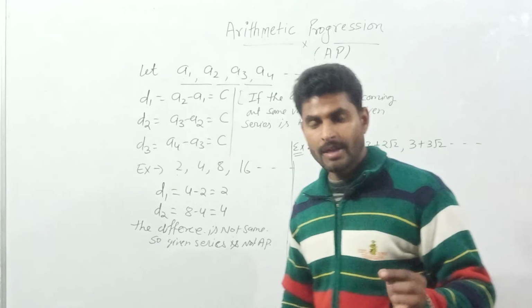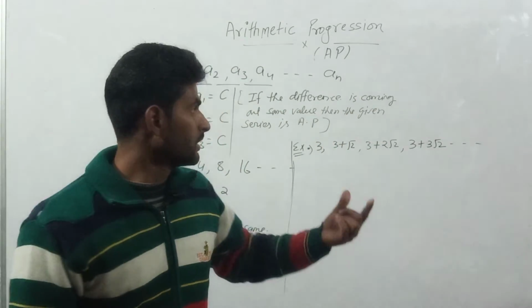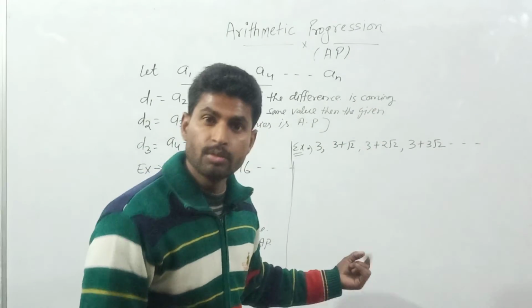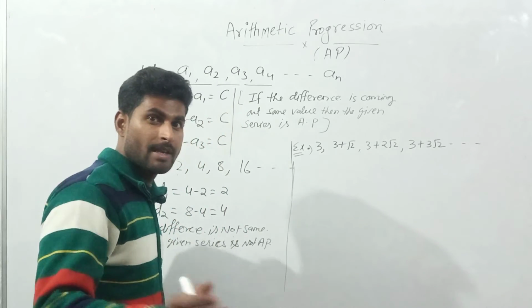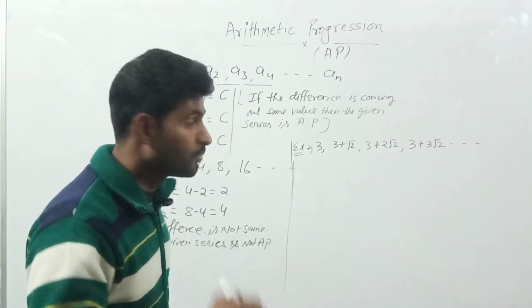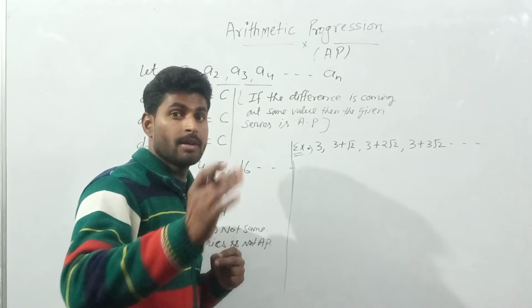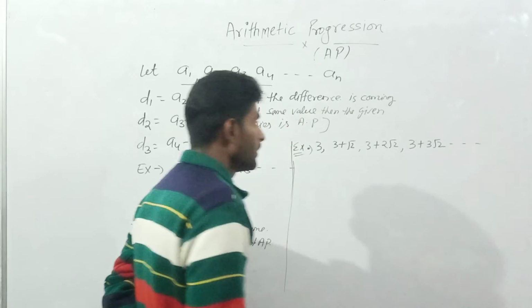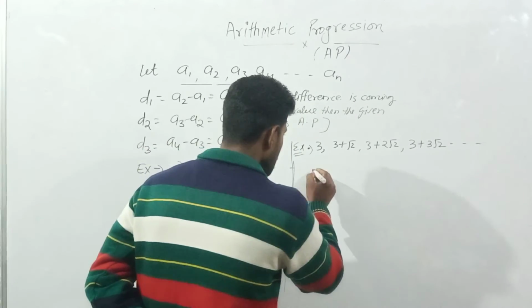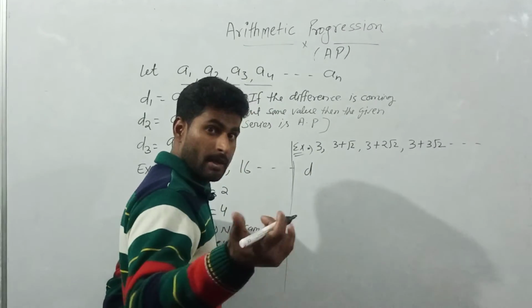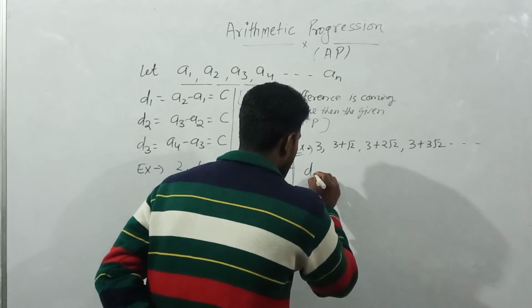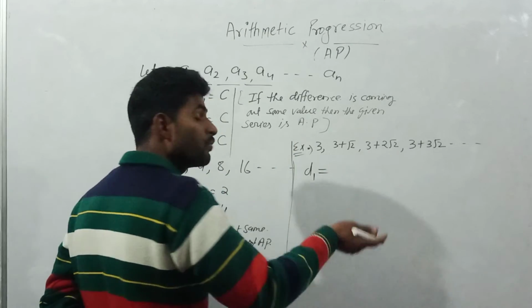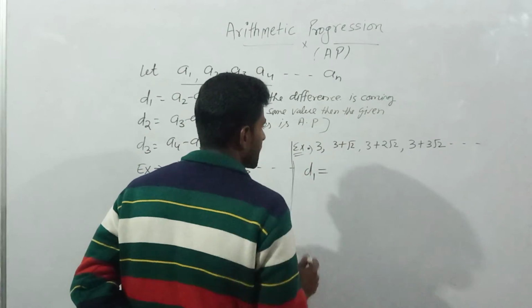So my dear student, you know the procedure. Calculate in your notebook, I am doing it here, and check who is the fastest. I am finding out D1. How to find D1? Subtract the first term from the second term.